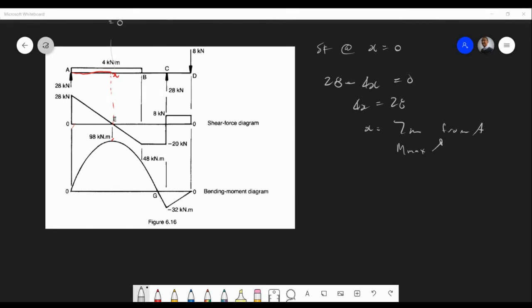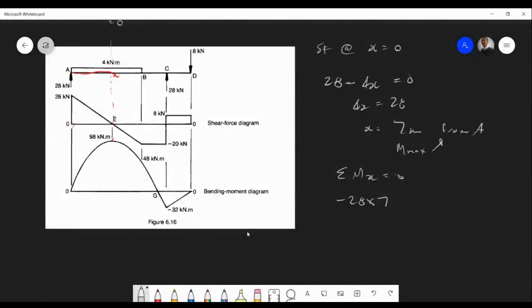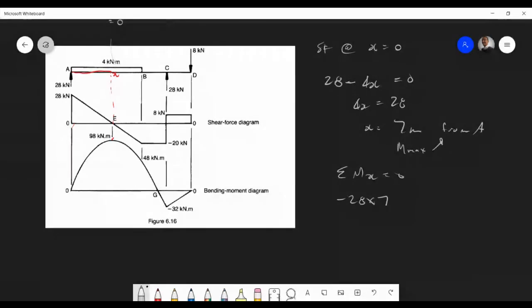How do we find the moment at that particular section at X, which is the maximum bending moment position? How do we normally do it? How do we take bending moments at a particular point there? Can I say moments at X? Don't we say, Mr. Doyle, minus 28 times 7? Are you correct? Plus.